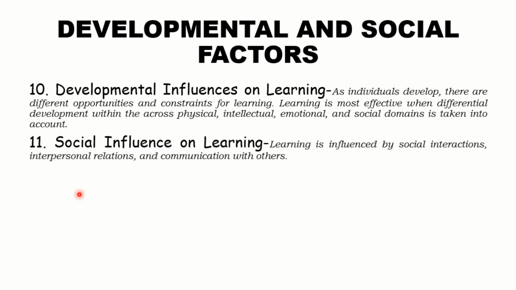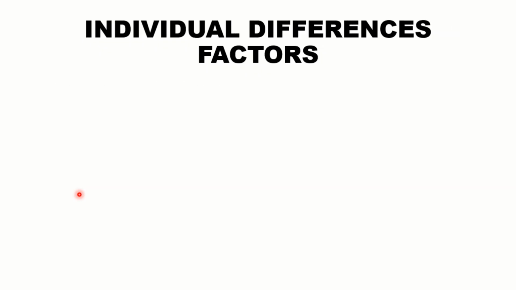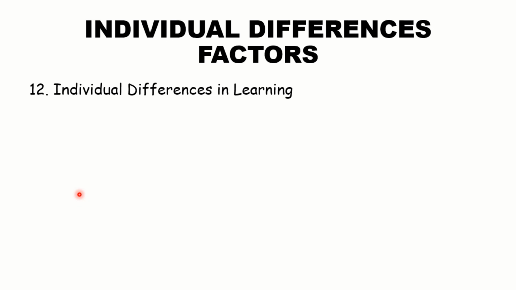After developmental and social factors, we have the individual differences factors. So we have the individual differences in learning. Learners have different strategies or approaches and capabilities for learning that are a function of prior experience and heredity.